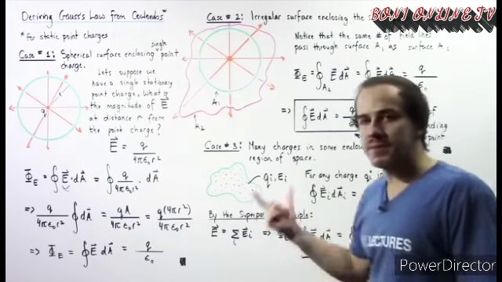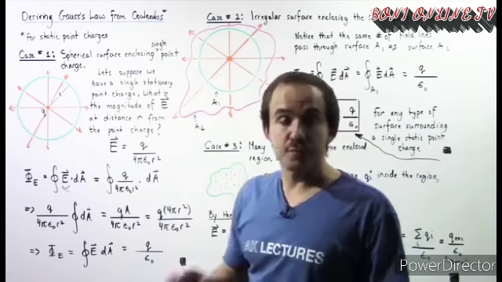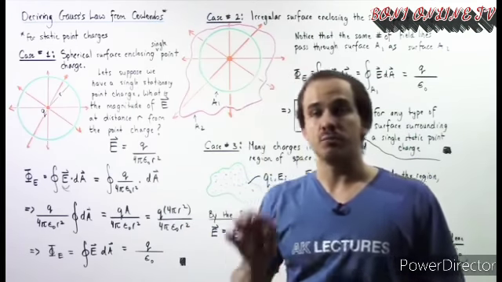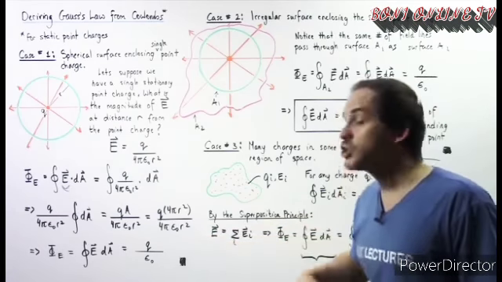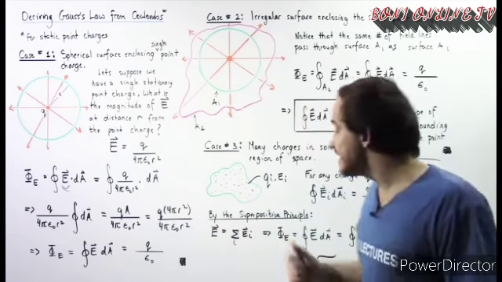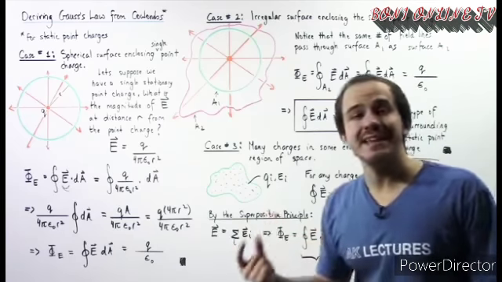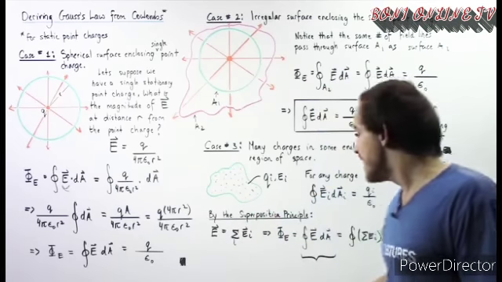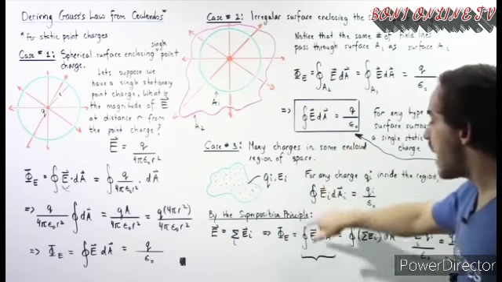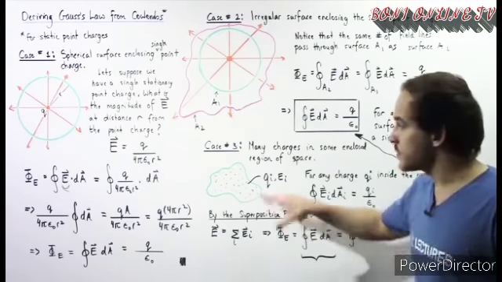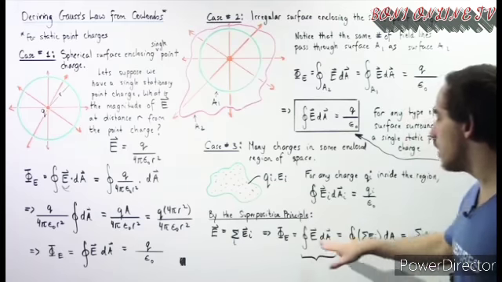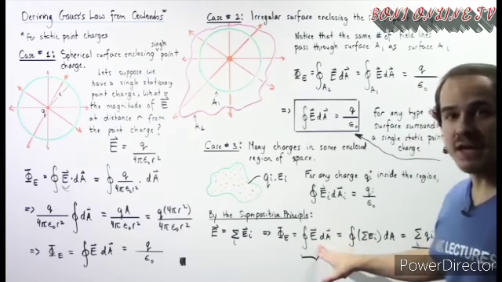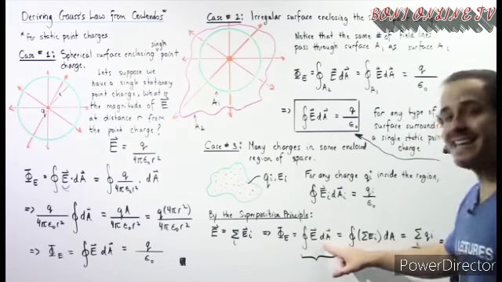Now, by the superposition principle of vectors, specifically by the superposition principle for electric fields, we know that the total electric field is equal to the sum of the individual electric fields. Now, this implies that our electric flux for such a case is equal to the closed integral of the total electric field multiplied by dA.